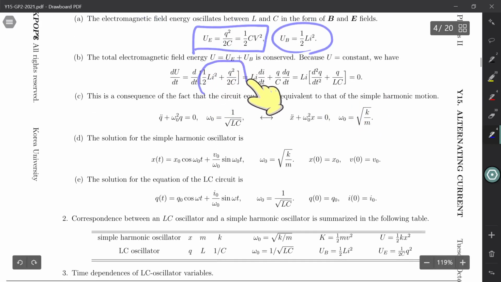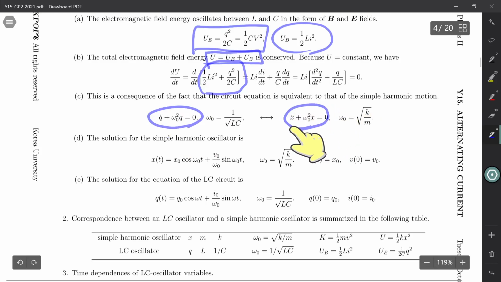The sum is the energy, the sum of the electric field energy and magnetic field energy, that is a constant of motion. The equation of motion for the LC circuit is equivalent to the simple harmonic oscillator. The only difference is the explicit value for the characteristic angular frequency.